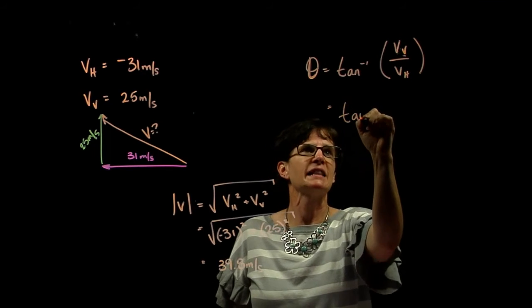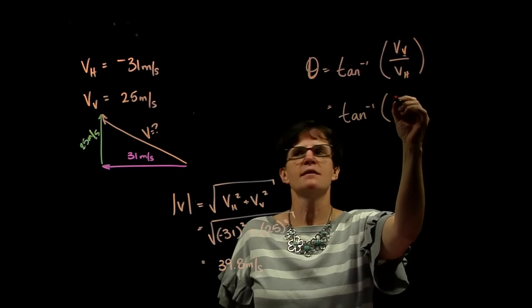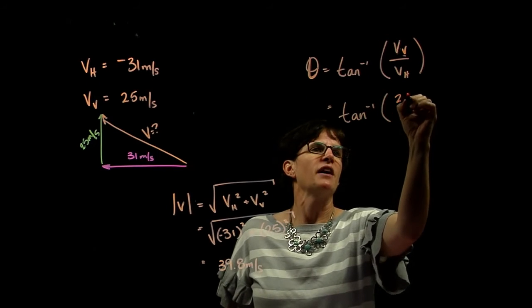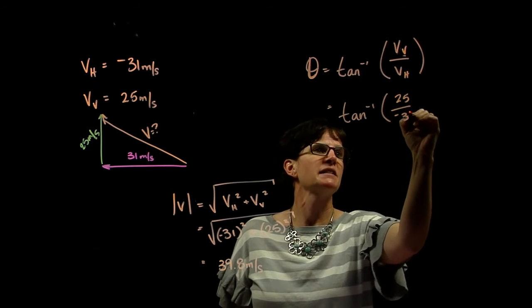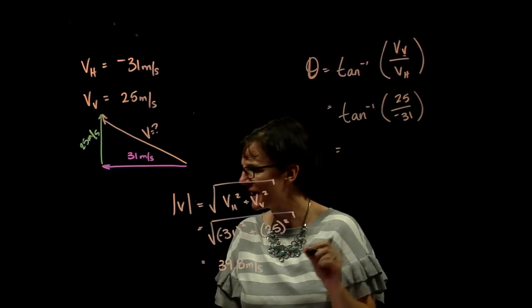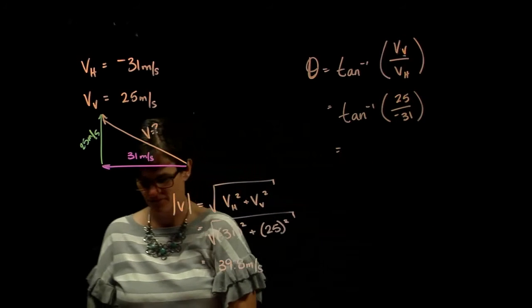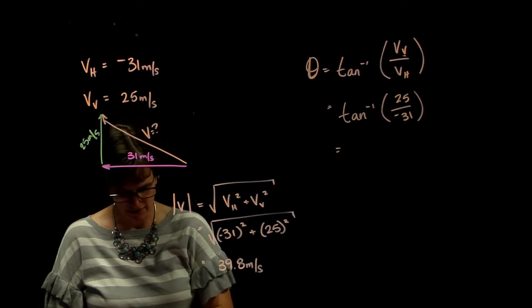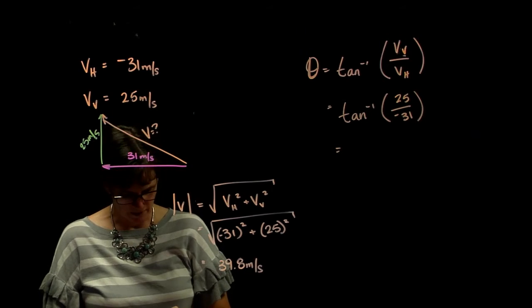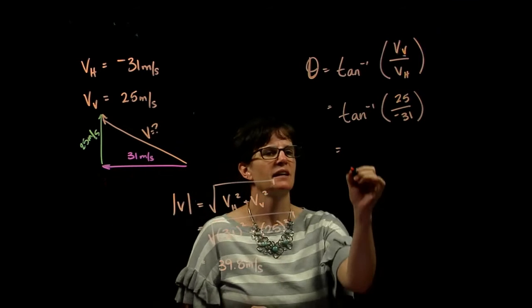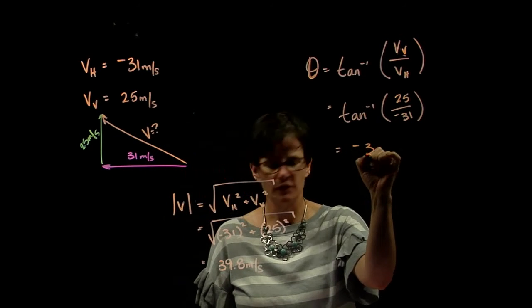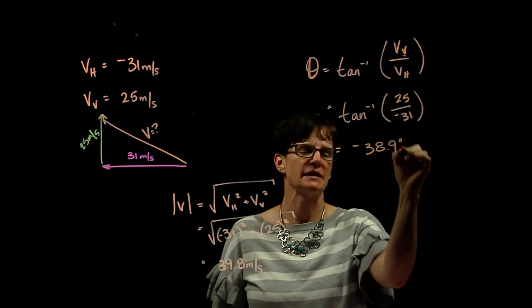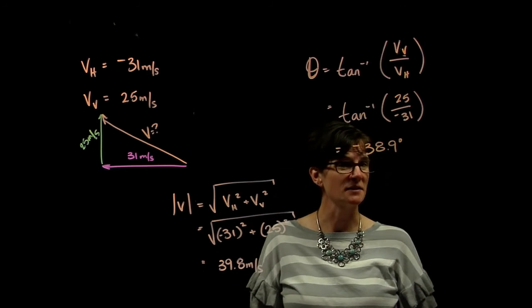So if I take the inverse tangent of the vertical, 25, over the horizontal, minus 31, and I plug that into my calculator, okay, I'm going to get the inverse tangent of 25 divided by negative 31. I get a value of negative 38.9 degrees. All right, that's what my calculator tells me.